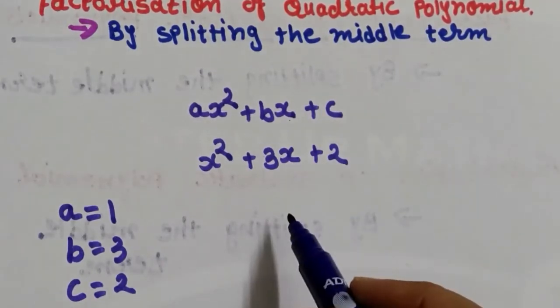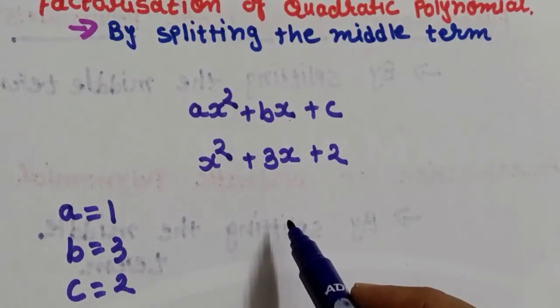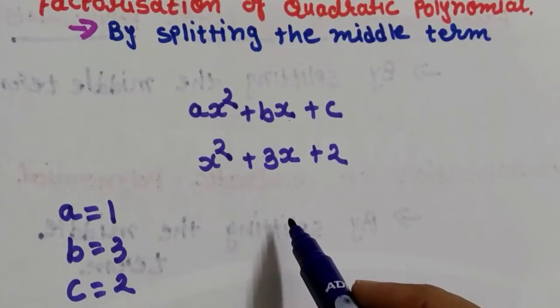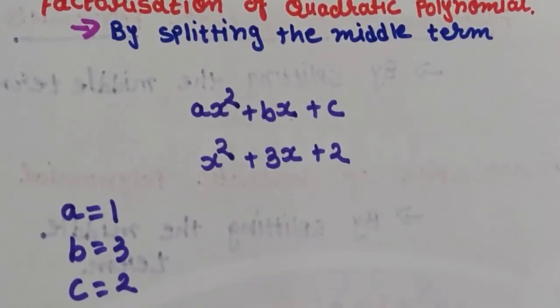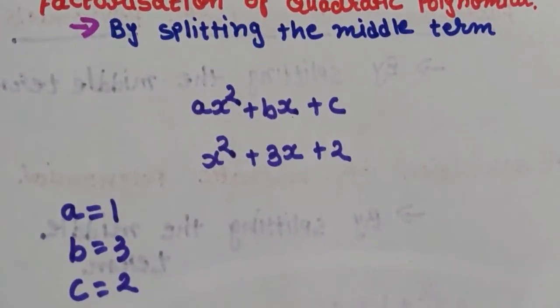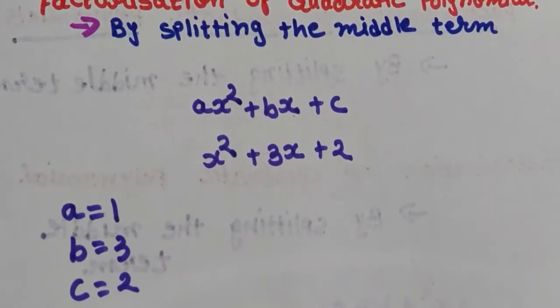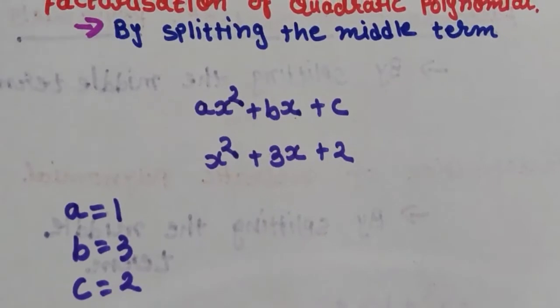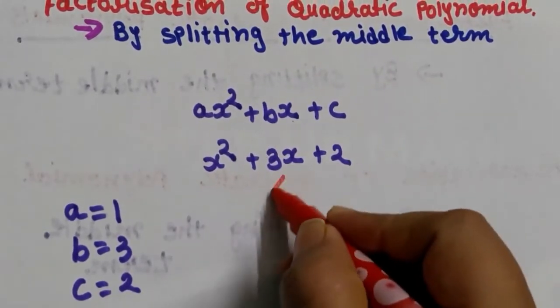But we cannot just split it any way we wish. There is an interesting technique which helps us split the coefficient of the middle term. So what we will do then? We assume that the coefficient 3 has to be split in two numbers n1 and n2.